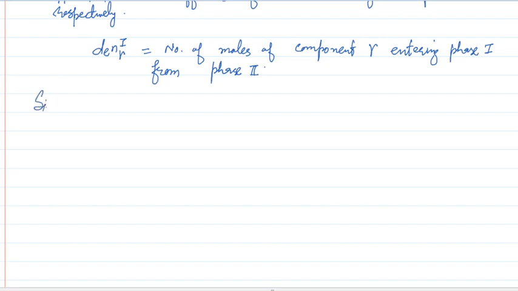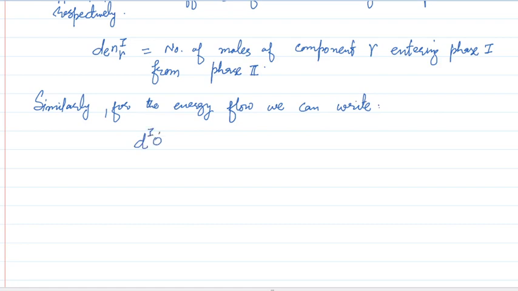So similarly, for the energy flow, we can simply write that dS1 upon T1 can be split into two parts, external and internal.